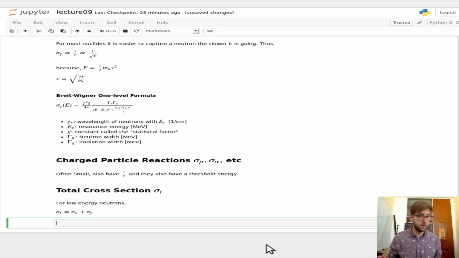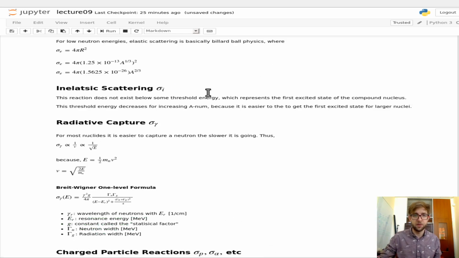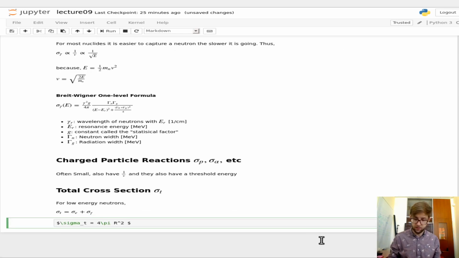And if we wanted to expand that out, what we would see is that sigma sub t, based on our definitions above, is equal to 4 pi times the radius of the nucleus squared, like we saw above, plus some constant c divided by the square root of the energy.